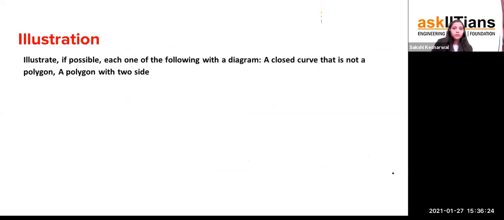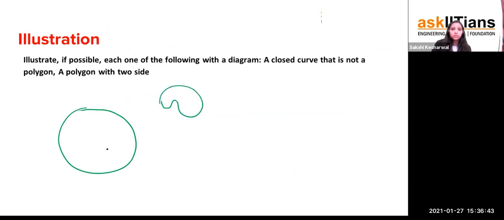Yes. Now coming to the illustration. Is it possible to draw, with a diagram, a closed curve that is not a polygon? It should be a closed curve. So make a circle. Yeah, it's not a polygon.